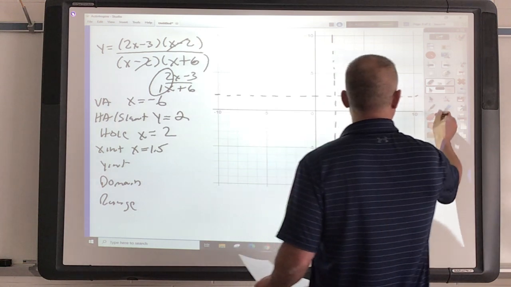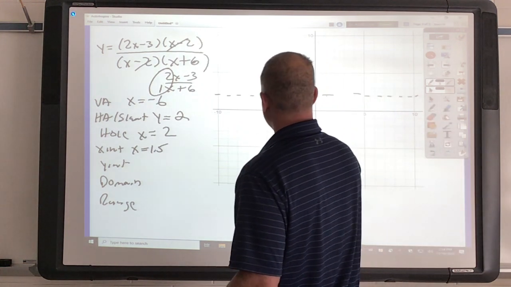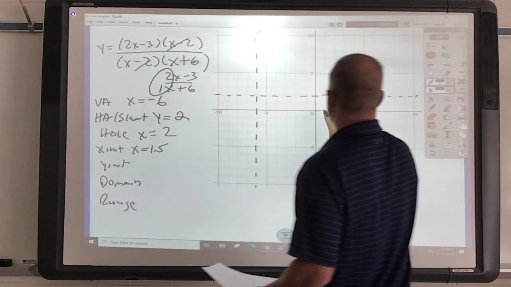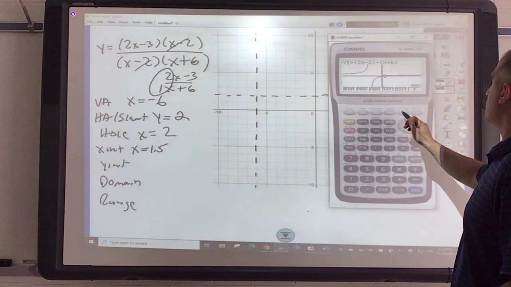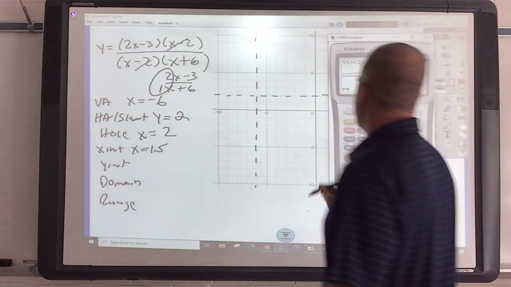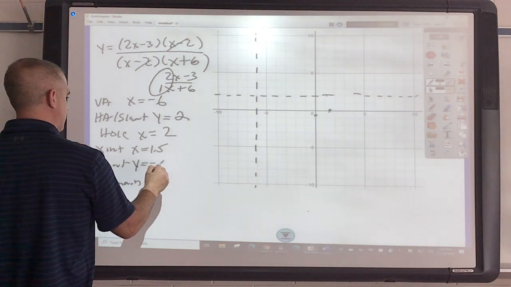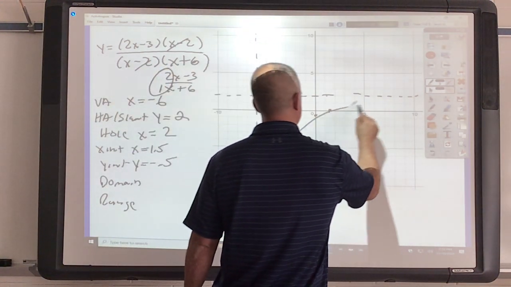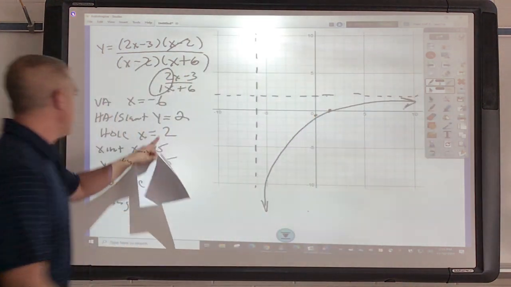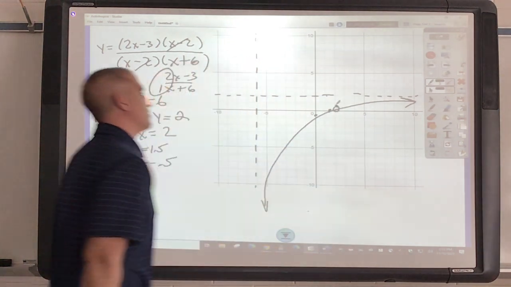Hold on, sorry. At 1.5, I think that's the only one. G-solve y-intercept at negative 0.5. Okay, this graph looks like this. Okay, my hole is at 2, so at 2 on the graph, I would just put a little open circle right there.